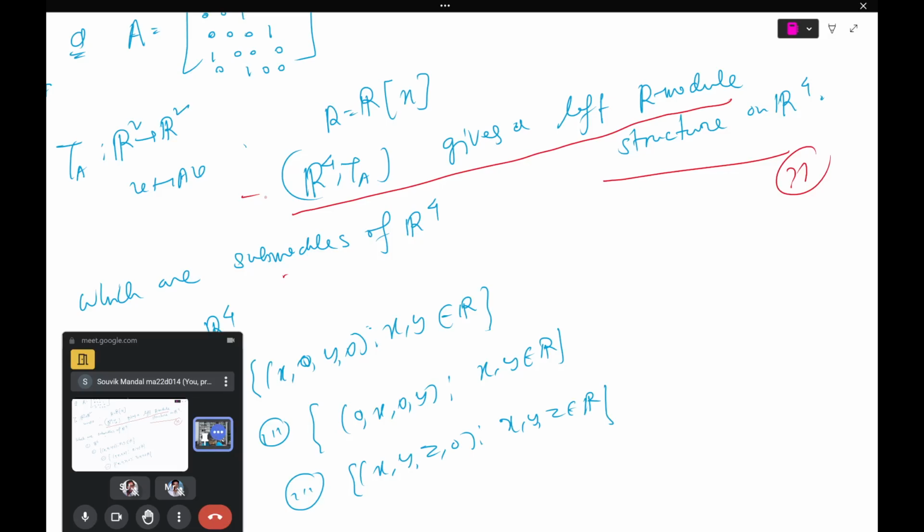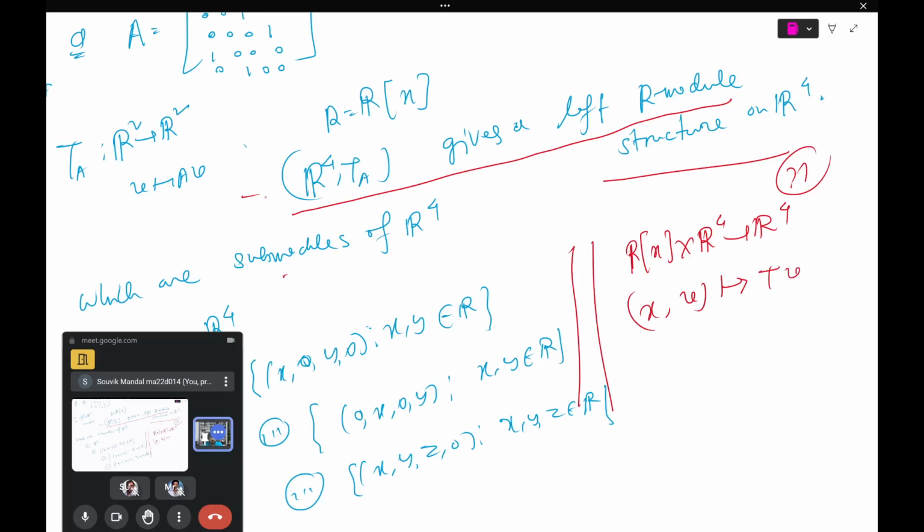So first, what is the R[x]-module structure? Basically R[x] cross R^4 to R^4 is defined as x times some element p in R^4 is defined to be T(p).